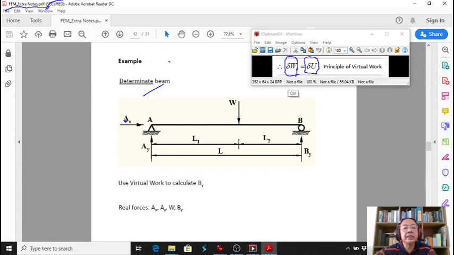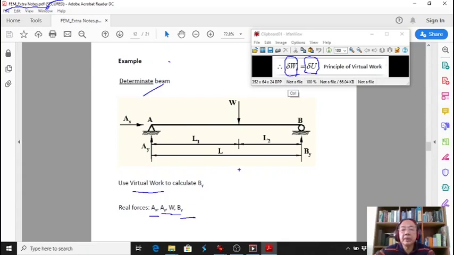At the pin we have AX and AY as the reactions, and at the roller support we have just BY, one reaction force. The dimensions are as given, and W is the applied load. We are going to use virtual work to calculate BY. Real forces are AX, AY, W, and BY.